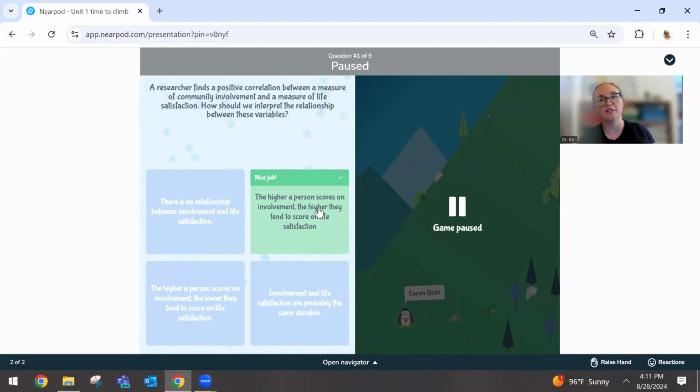Like the higher your self-esteem, the lower your depression is. That would be a negative correlation. A positive is if one goes up, the other goes up. A negative is if one goes up, the other goes down. And then, of course, you could have no relationship. I think there is a question about correlations on the test, so just make sure you are aware of that.